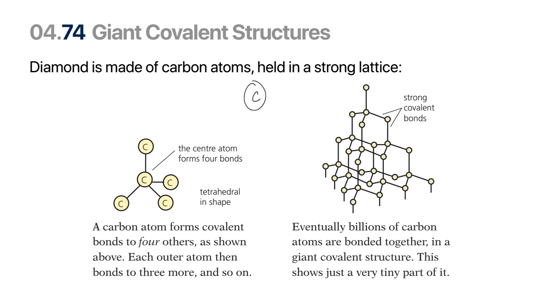It's not shown here, but it is shown over here. Each carbon is making 4 other bonds. Not these guys, because you don't want to make this diagram too dirty, but this is again a never-ending lattice. Each and every carbon atom is held to each other carbon atom by strong covalent bonds, right? These are strong covalent bonds.